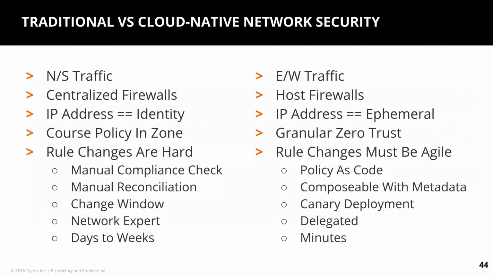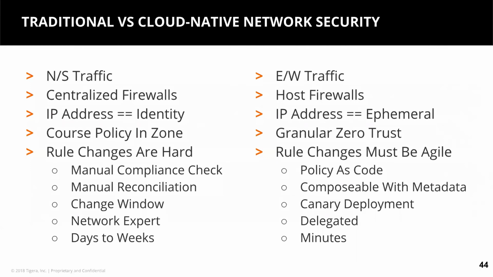IP addresses are ephemeral now, so we have to use things like labels to render policies just in time because IP addresses are constantly changing. In the old model, we had very coarse policy zones. But what we really want is zero trust and being able to take the policy or the firewall barrier and snug it up and around a specific microservice. So each microservice has its own unique firewall.